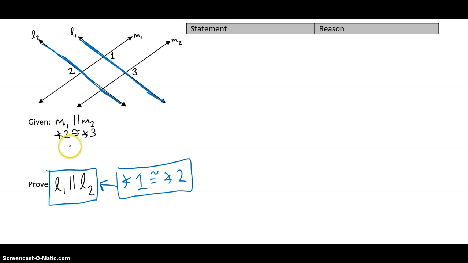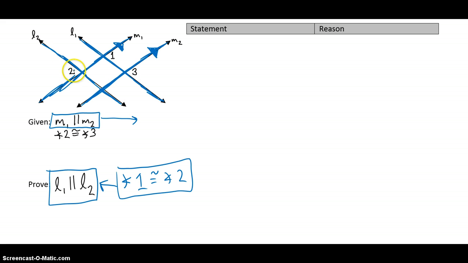So let's look at our givens. M1 is parallel to M2. Parallel lines always give me congruent angles or supplementary angles. So I'm going to look at M1 and M2 being parallel, and at the two transversals, L2 and L1.